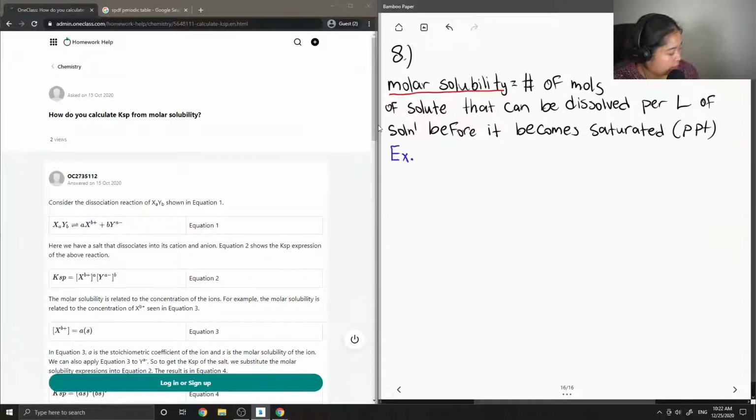Okay, so let's say we needed to calculate the solubility of the following reaction. So we have aluminum oxide, that's a solid.